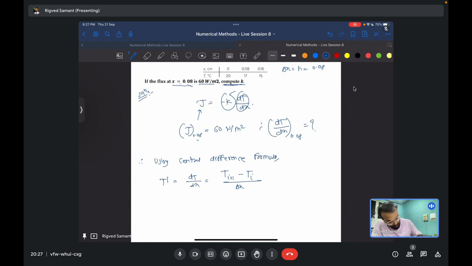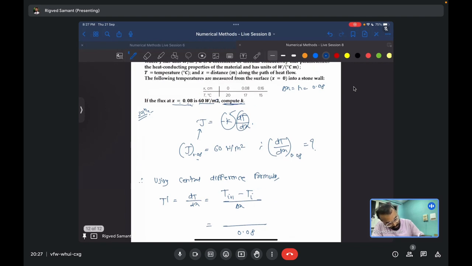So delta x is what? h, so that is 0.08. T(i+1) is 15 and T(i) is 70.